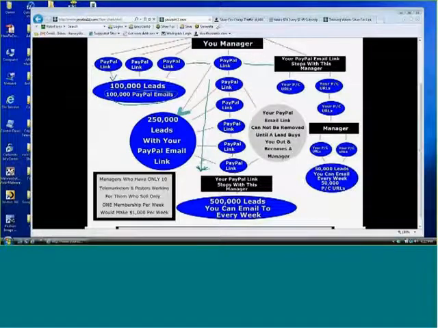Now, when they buy you out, in order to put their PayPal link right down here onto their page, they have to buy you out. And what we do is we go in the back office and we turn them on, and then it stops. Okay, it stops then. Your PayPal link stops at this manager down here.